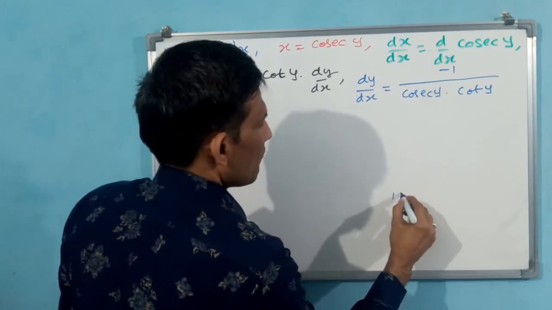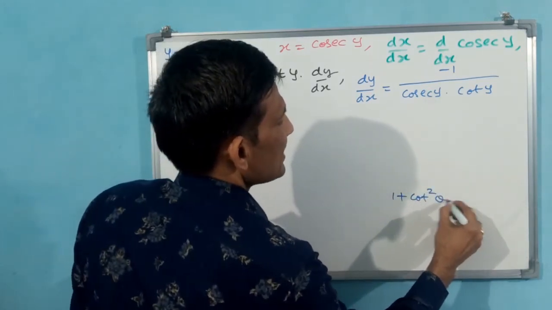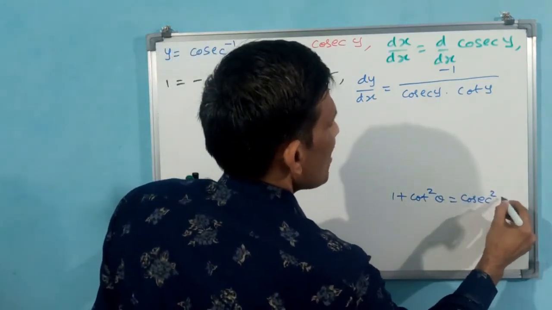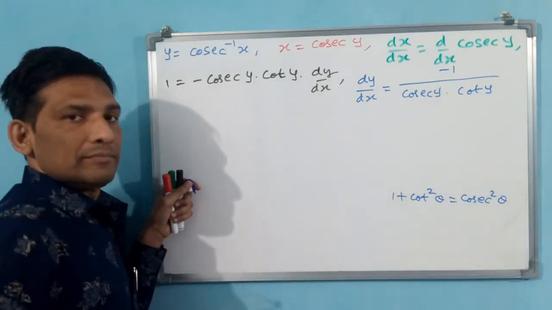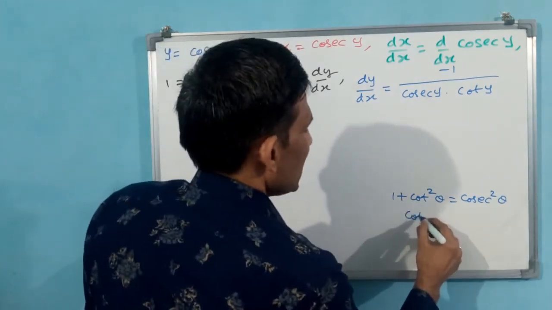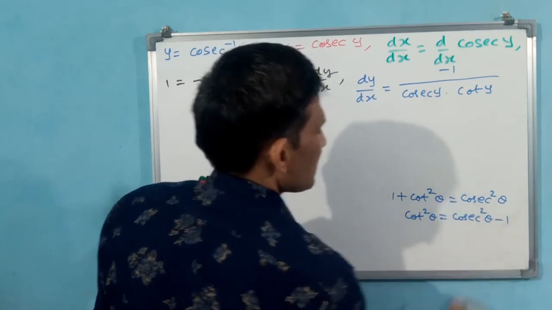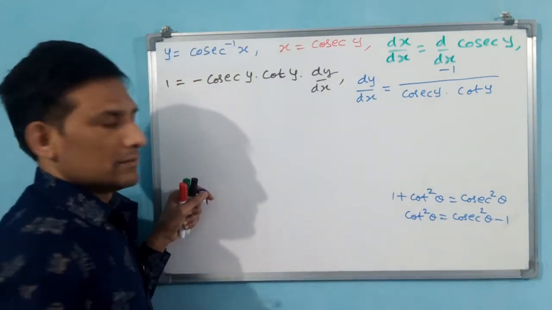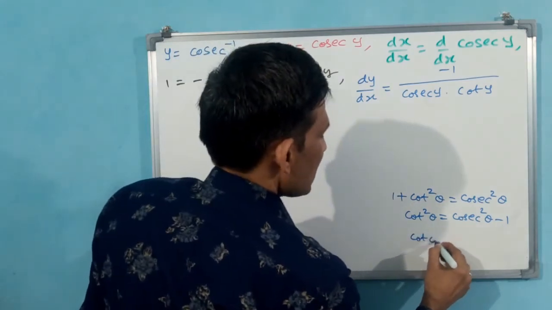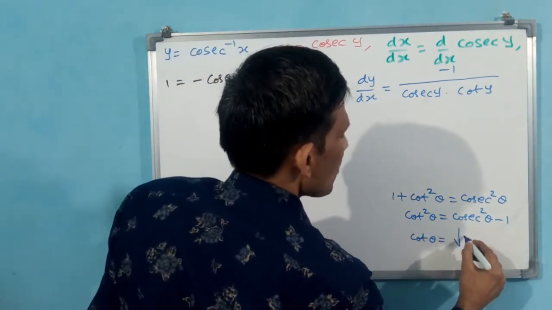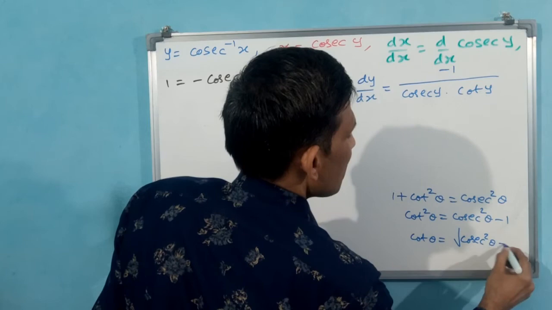You see what I am writing? 1 plus cot square theta is equal to cosecant square theta. Cot square theta is equal to cosecant square theta minus 1. Cot theta is equal to square root of cosecant square theta minus 1.